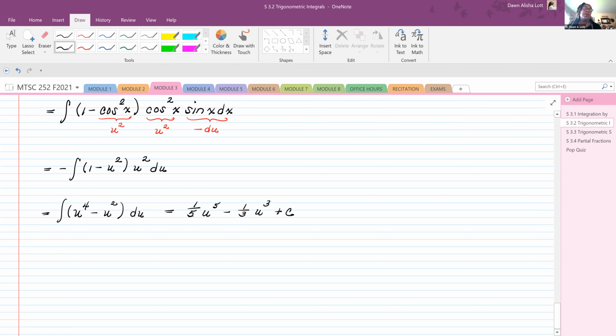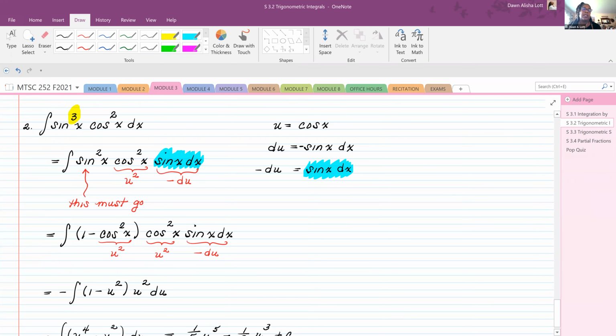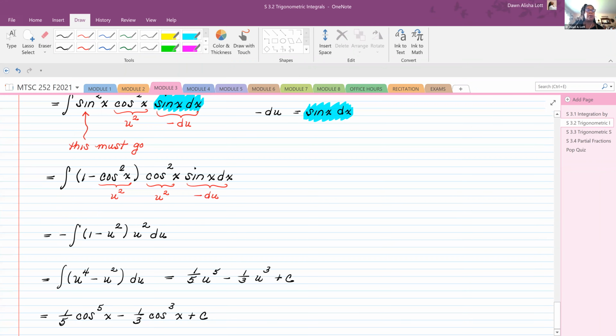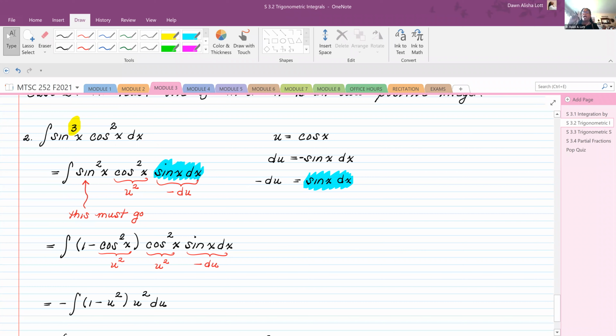But I know what u is. U was the cosine x. So this answer is 1 over 5, the cosine to the fifth of x, minus 1 over 3, the cosine cubed of x, plus a constant, and I am done. Okay, so whenever one of them is odd, peel off one to allow for it to be a derivative.